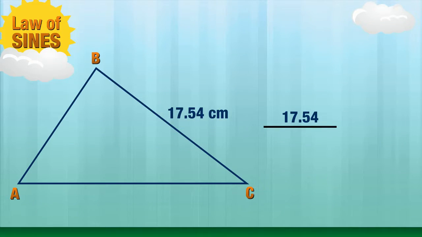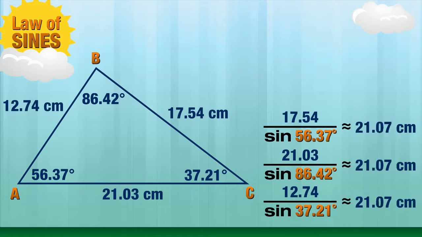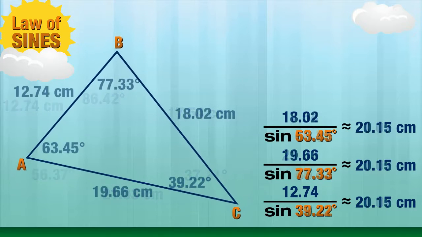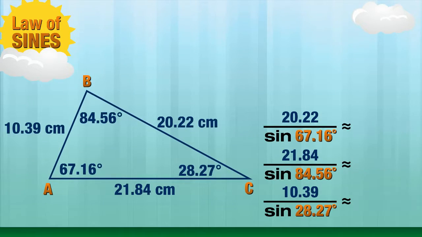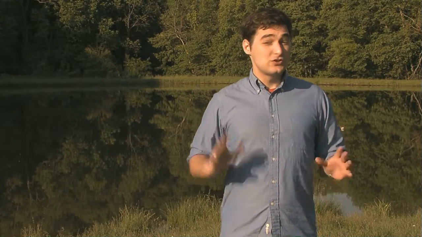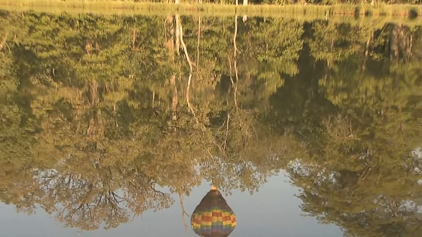The law of sines means that for any triangle, if you divide any side length by the sine of its opposite angle, and divide another side length by the sine of its opposite angle, you get the same value. Notice that while the side lengths and the angles change, the ratios remain constant. So, there's a relationship between the sines of the angle measures and the lengths of the opposite sides.